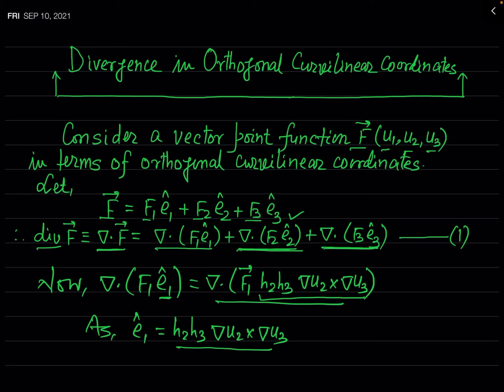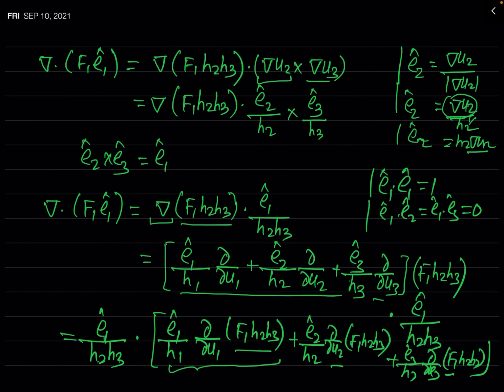Now we will write the expression for these two terms, but there is no need to calculate these two terms independently, like you have calculated the first term, because when we know the value of this first term, just by analogy, just by comparison, you can directly write the expression for the second term and the third term in RHS of equation 1.